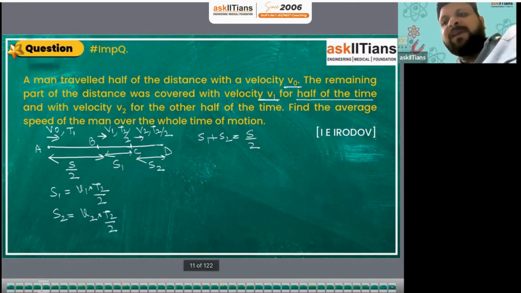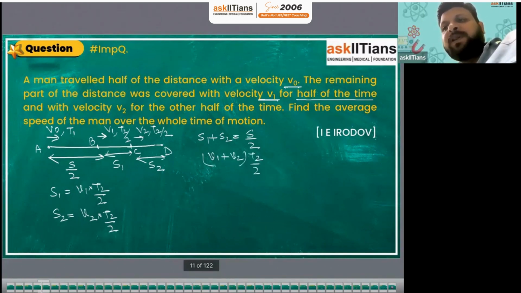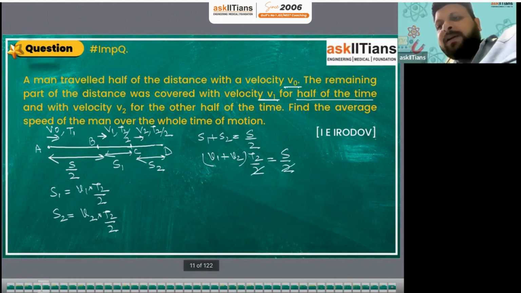And for S1 plus S2, we will have v1 plus v2 into t2 by 2. This will be equal to S by 2, right? The 2 will be cancelled, and t2 will be equal to S upon v1 plus v2.